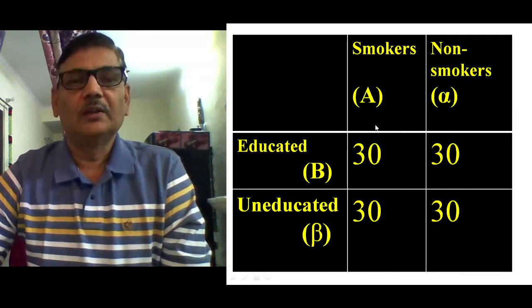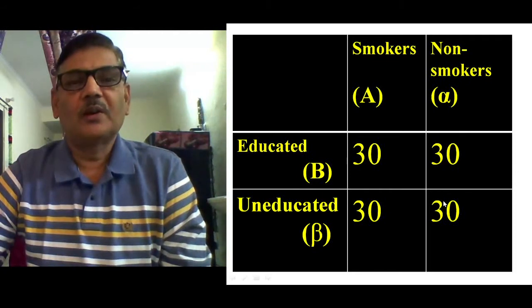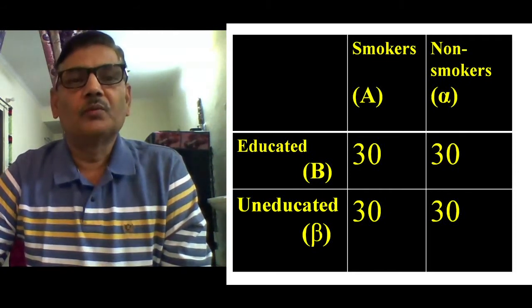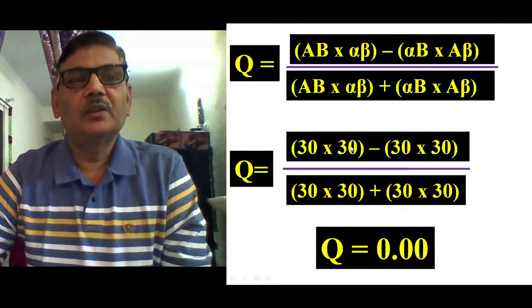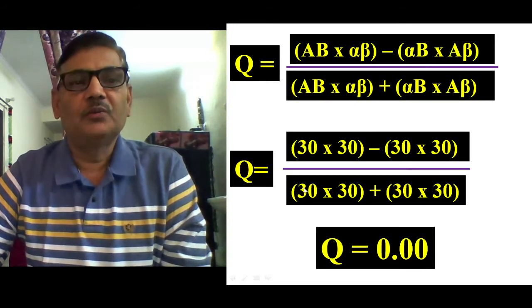So here what I have shown is a hypothetical case where all these four types are exactly the same, that is 30 each. Just for understanding, I have taken this example. So what we do, we are putting the values here, that is 30 into 30 minus 30 into 30 divided by 30 into 30 plus 30 into 30.